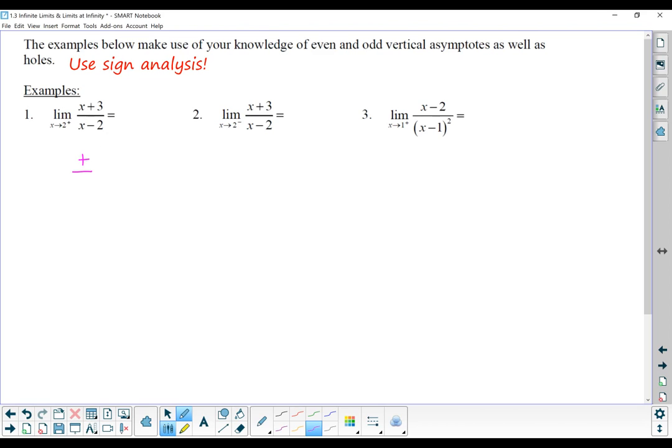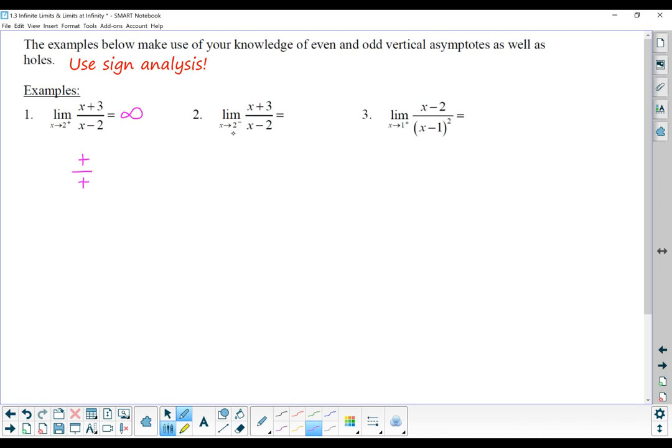That's going to be positive. We don't have to think about the exact number, just its sign. In the denominator, if we sub in a number just bigger than 2 and subtract 2, that's still going to be positive. It's not going to be a very big number, but it's a positive number. So positive over positive means that this is going to be approaching positive infinity.